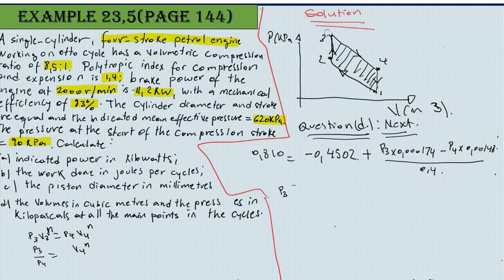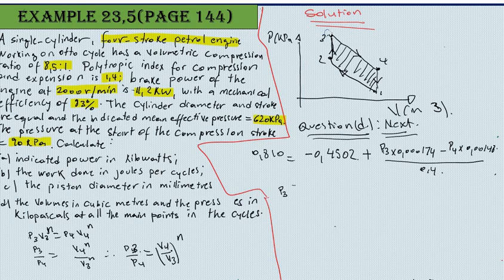So I'm going to send V3 to the power of n to the other side, so it's going to divide this side. So I can also write this expression as P3 over P4, which is equal to V4 over V3 to the power of n.